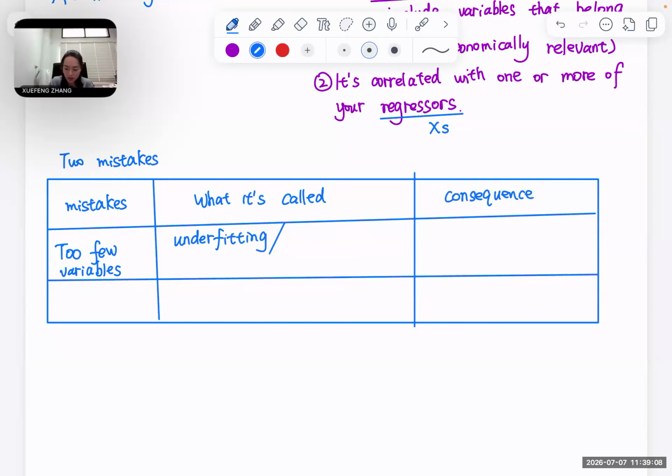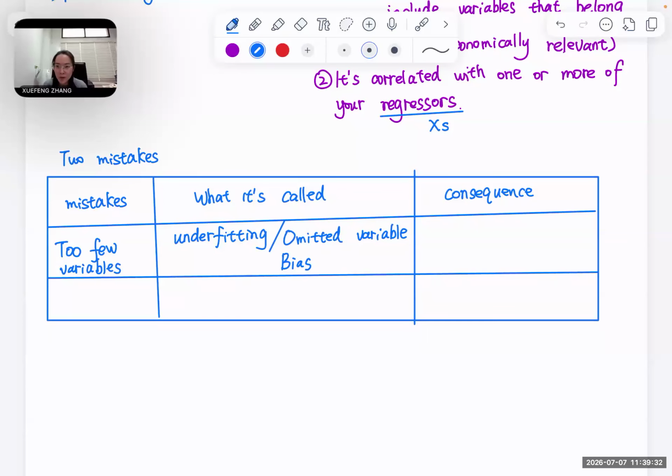Because you have too few, you might have omitted variable bias. The consequence is that our estimate will be biased and inconsistent.